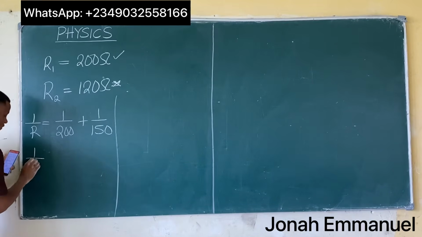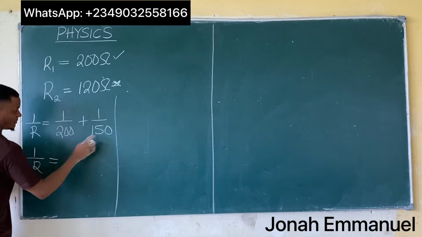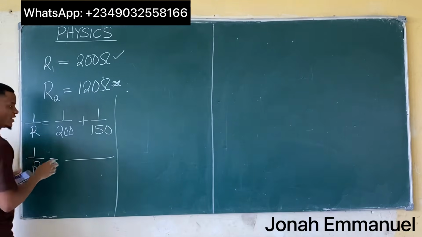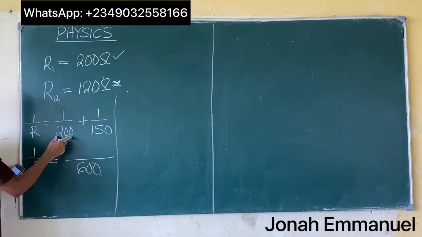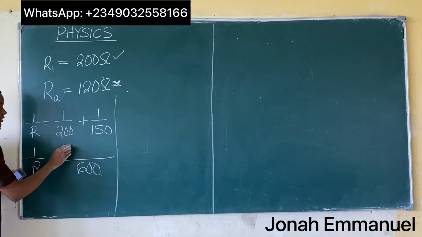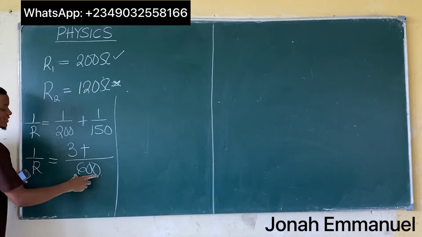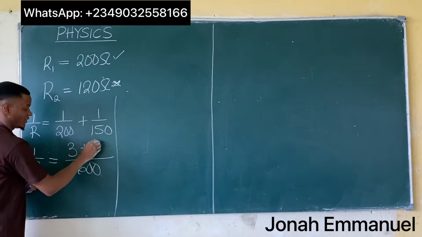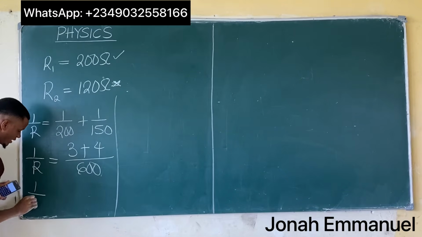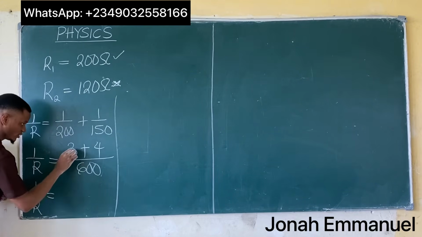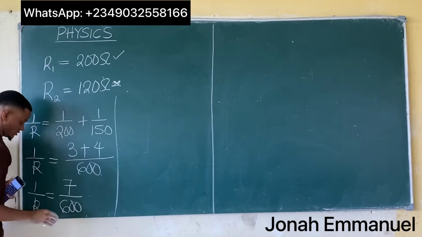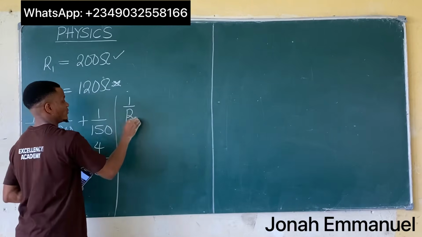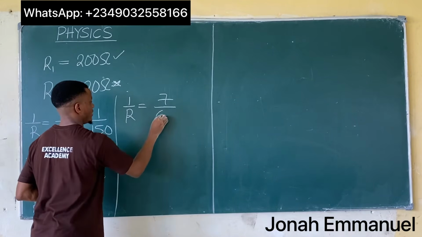So 1 over R is equal to, my LCM here is 600. 600 over 200 gives you 3 times 1, 3, plus 600 over 150 gives you 4. So 1 over R is equal to 3 plus 4, 7 over 600.